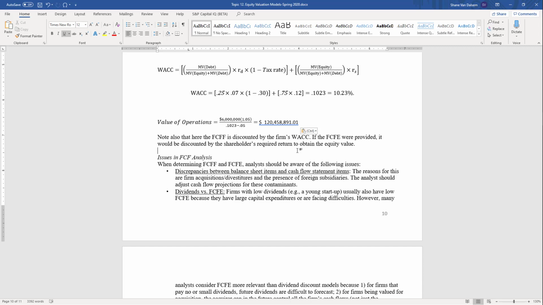Dividends versus free cash flows to the equity holders. If you think about it, the dividends are just a portion of the total free cash flow available to equity holders, unless they're paying out everything to those stockholders. A local case of this is Capital Federal Bank, at least until a couple years ago, and I haven't stayed on top of it, although it looks like they're maintaining this policy: they just pay out all of their income.